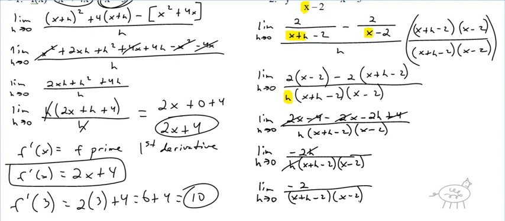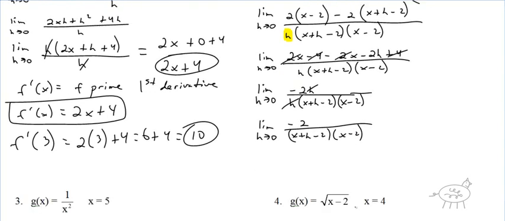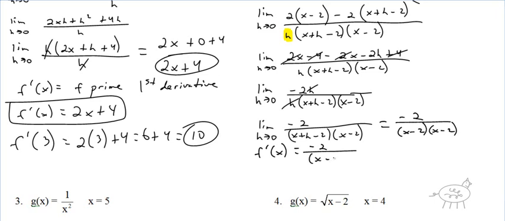I can do direct substitution now, right? So let's do that. I don't need to write limit anymore because I'm putting it in there. So if I put a 0 in for h, do you guys agree I just get x minus 2? And then I have another x minus 2 after that. So I wind up getting, and I can call this, f prime of x equals negative 2 over x minus 2 squared. Okay, that's your first answer.